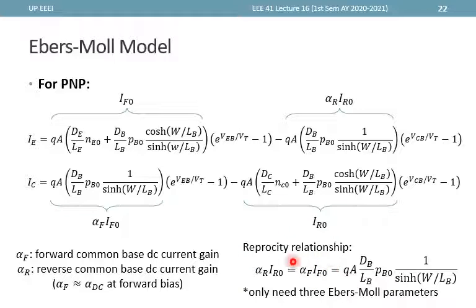So these two terms are equal to QA DB over LB PB naught, 1 over hyperbolic sine of W over LB.